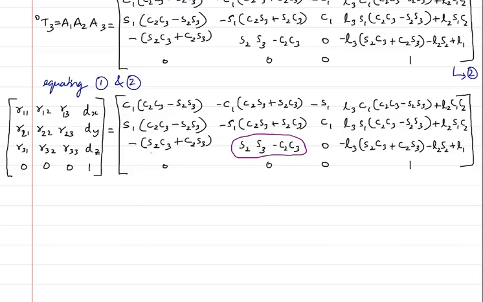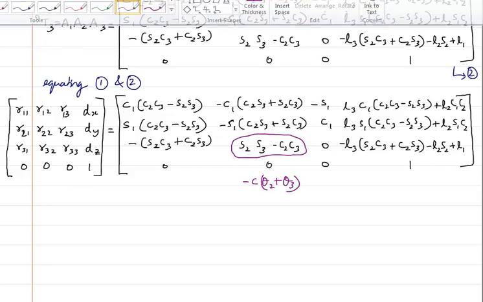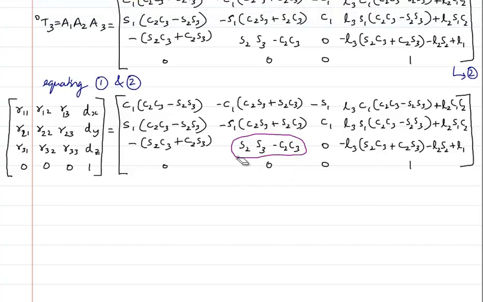If I use this equation, this is going to be minus of cos of theta 2 plus theta 3, because that will be cos theta 2 cos theta 3 minus sin sin, which actually comes out to be this one. Using that, since theta 2 we have already found out, we will be able to find theta 3. Let us do this one by one.